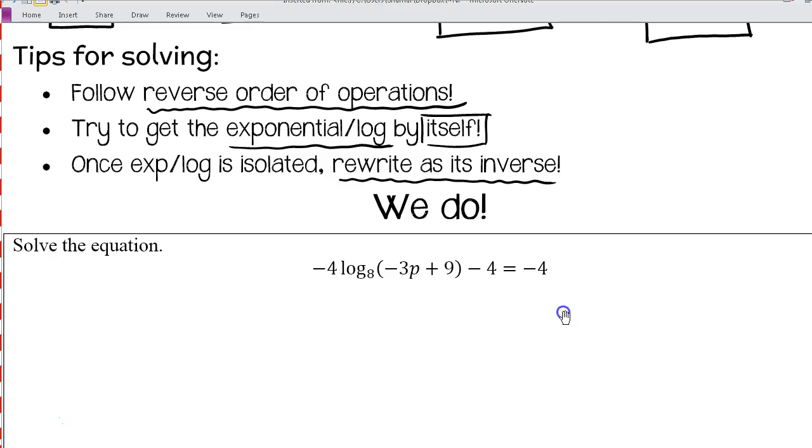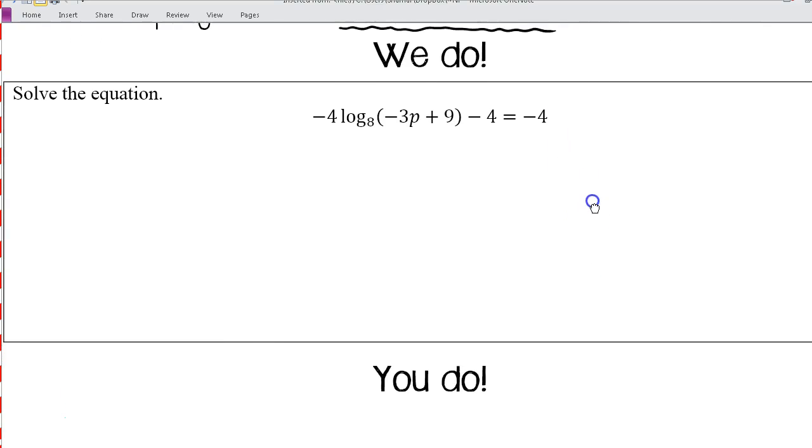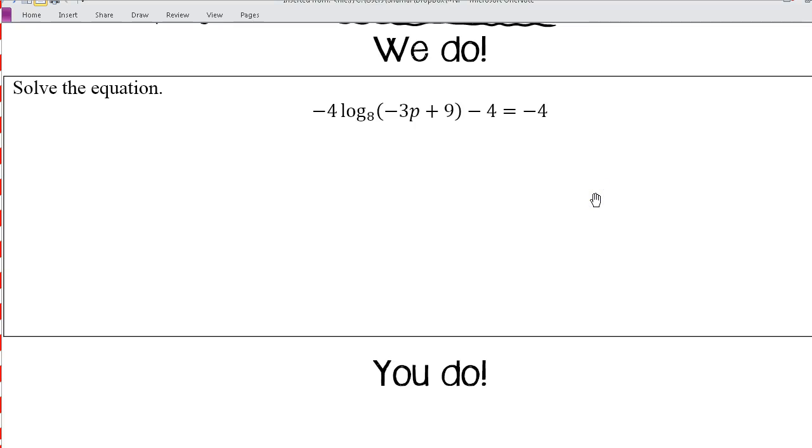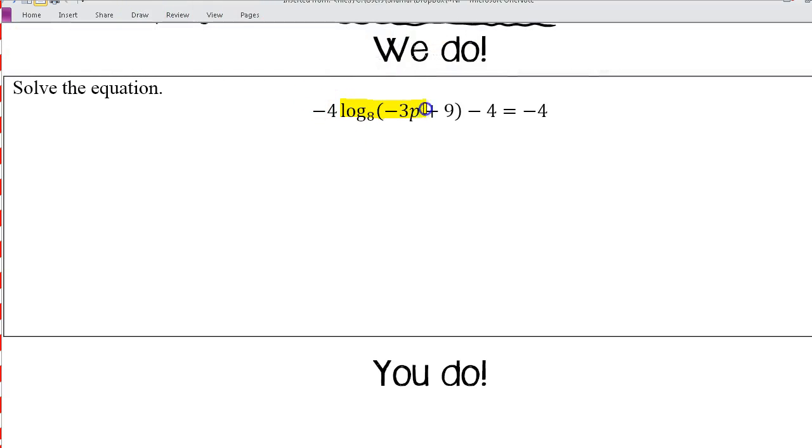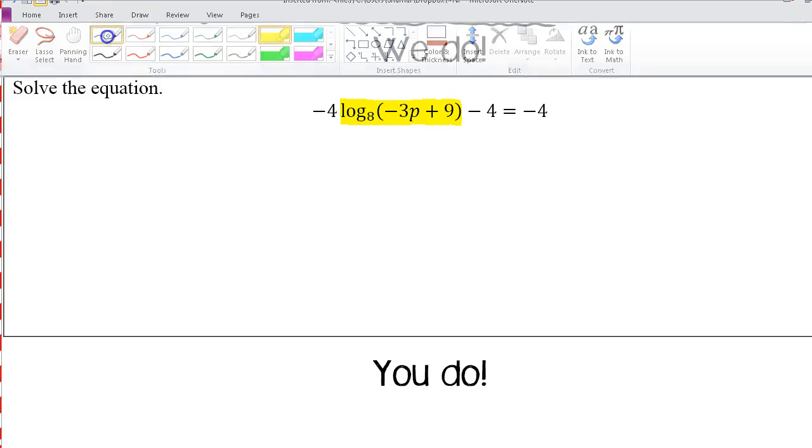So let's take a look at this first example together. We've got to solve for p. So again, we want to try and isolate this part so that we can use our other techniques to solve for p.